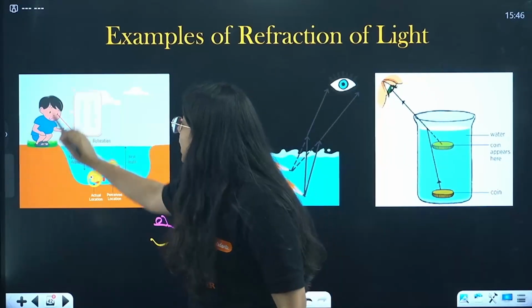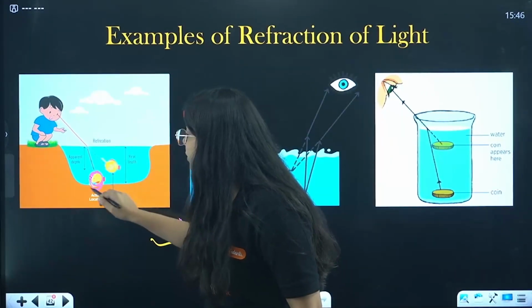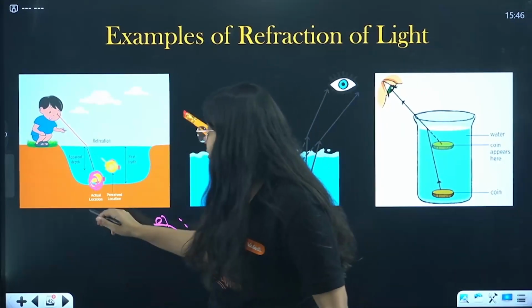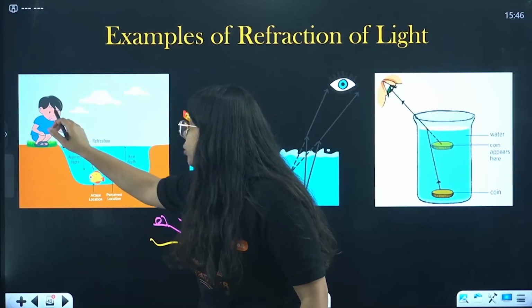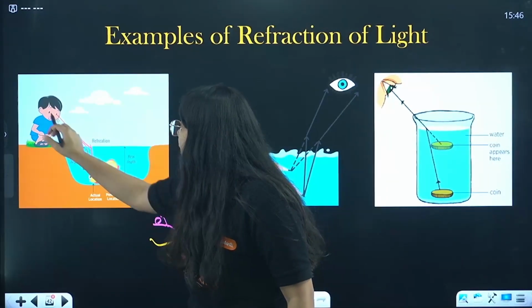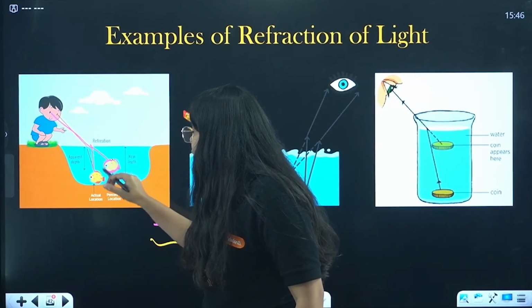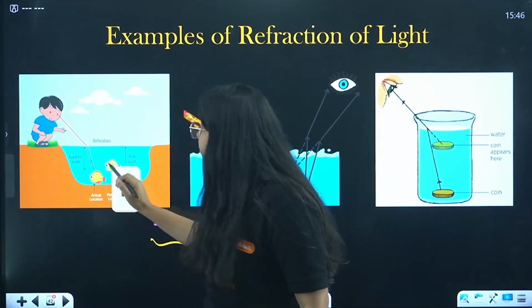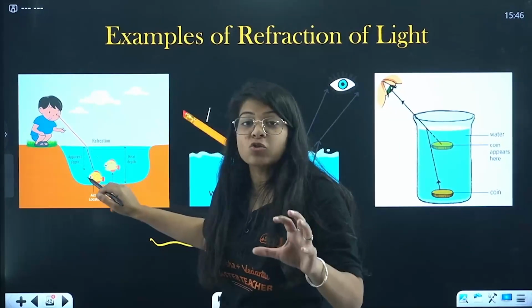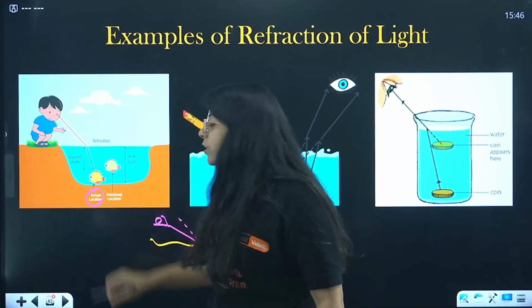That's why here, this kid, the fish is actually here. This is the actual position, but to him it looks like the rays bend and it looks like the fish is actually here. So to him the fish is here, but in reality the fish is a little bit under.